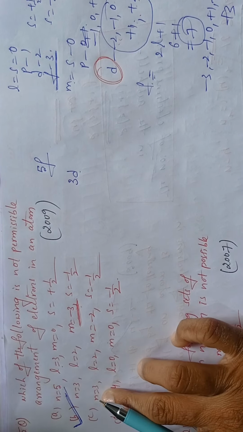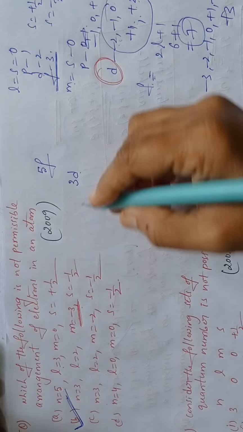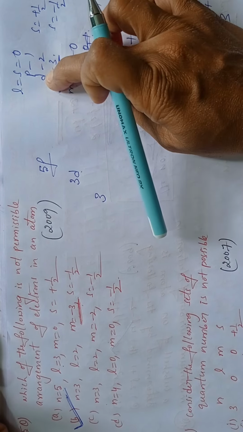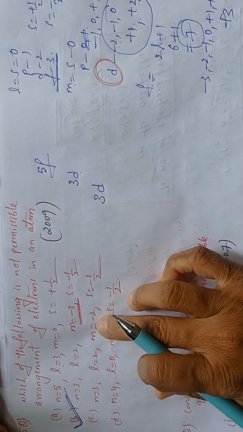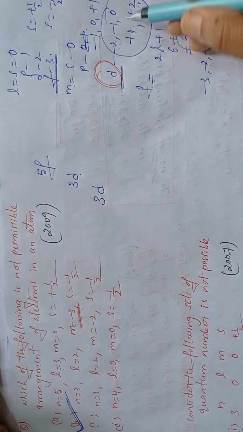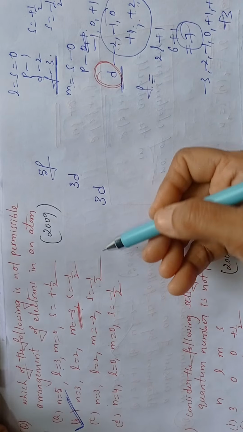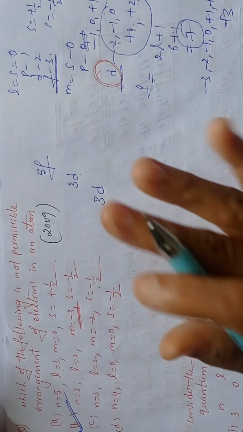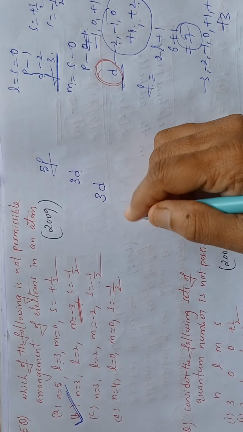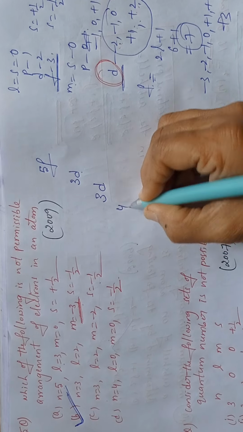So option B is the correct answer, which is not acceptable, which is not a permissible arrangement. This is wrong. Now check option C also, students. N equal to 3 means third shell. L equal to 2 is nothing but D subshell, 3D, and M equal to -2. In D subshell, M value -2 is possible. S equal to minus half is possible. So it is also acceptable. Now the fourth option: N equal to 4.